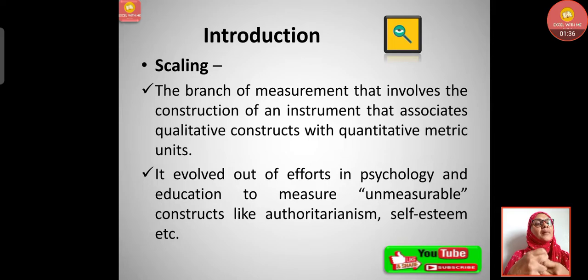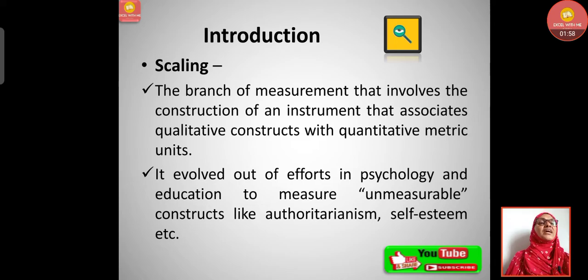We cannot measure them directly like how we take the measurements of height and weight. Some unmeasurable constructs like authoritarianism, we cannot measure directly. So indirectly we can measure through some tool or scale. Self-esteem also can be measured, but how?